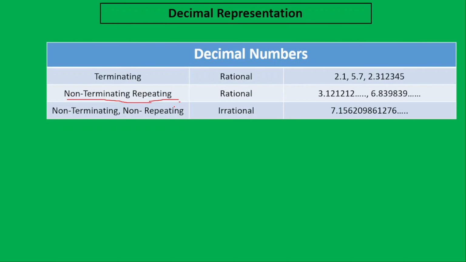Now non-terminating repeating. It's non-terminating but repeating. So 3.121212, 6.839839. These are rational. 1 by 3 will be 0.33333.